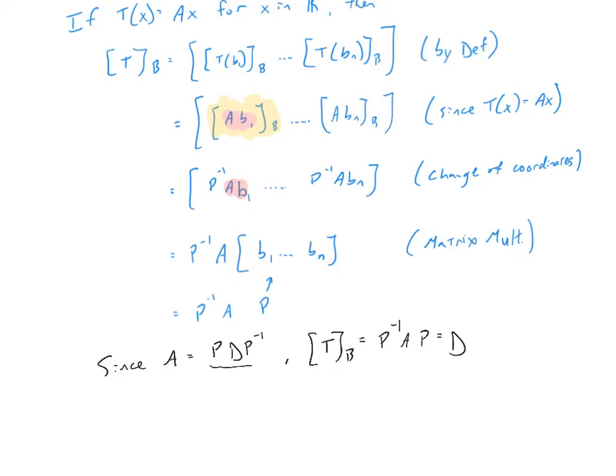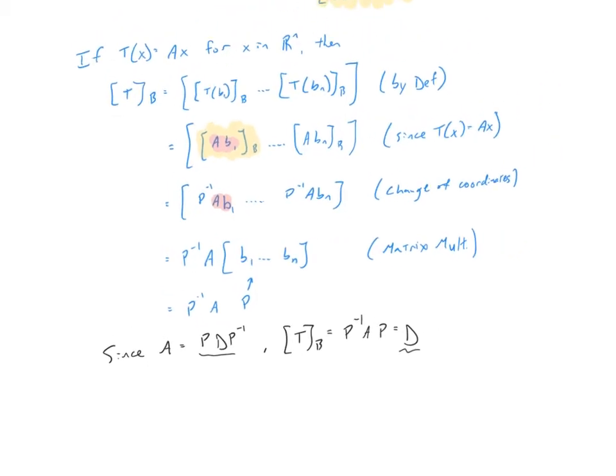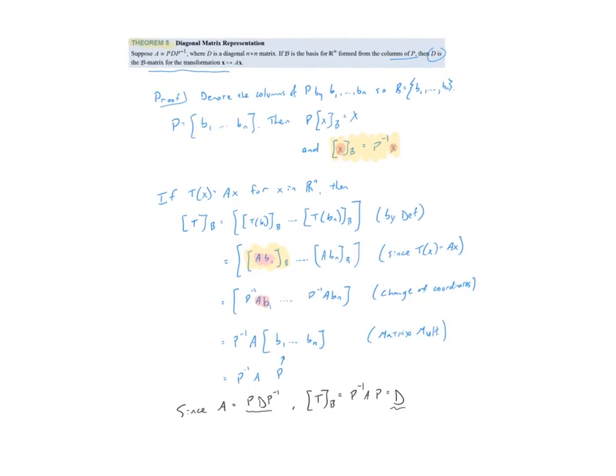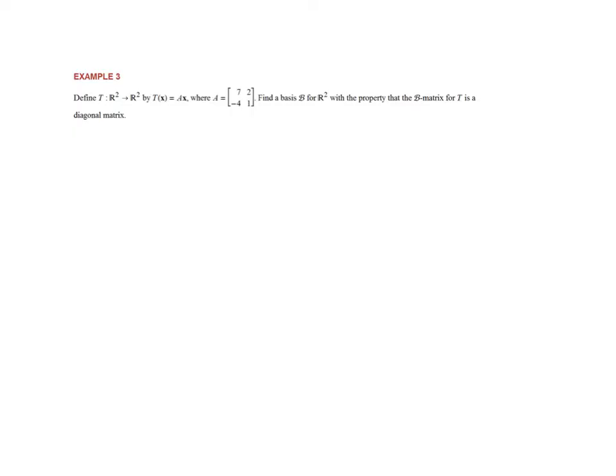If you solve that for D, you get D equals P inverse AP. Cool. So that says ultimately that D is our man. D is the matrix for our transformation. D does the same thing that the A matrix does, but relative to a different basis.